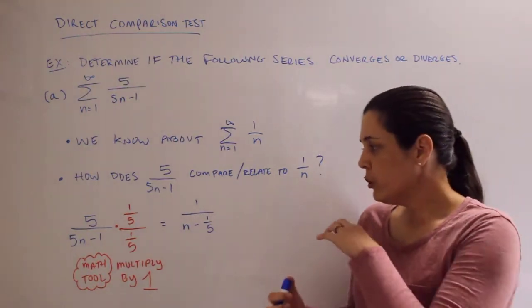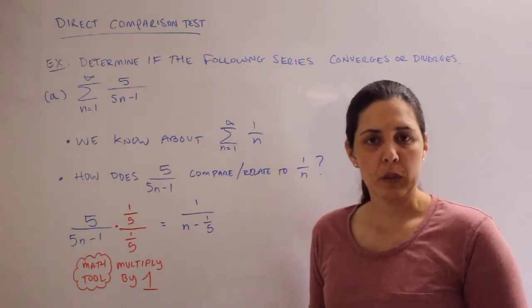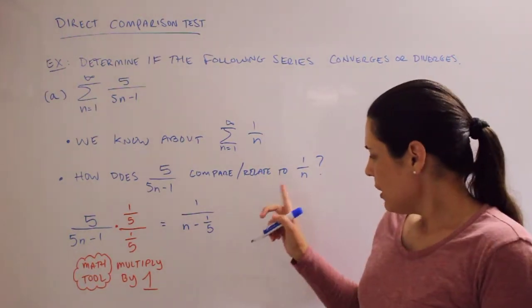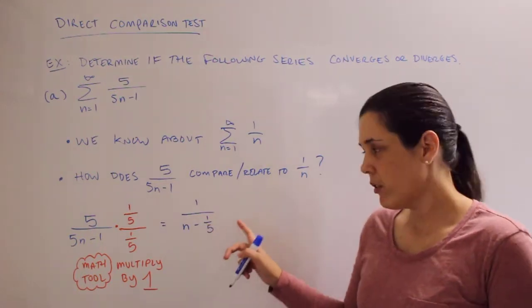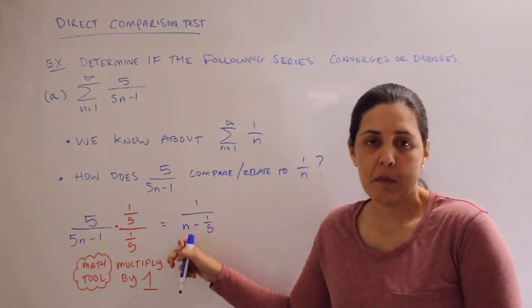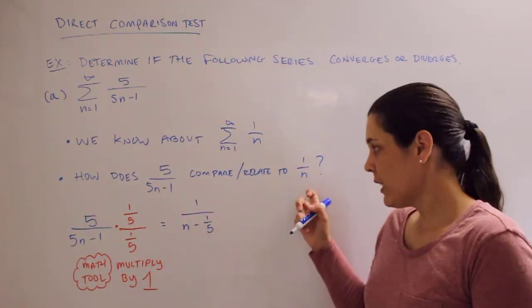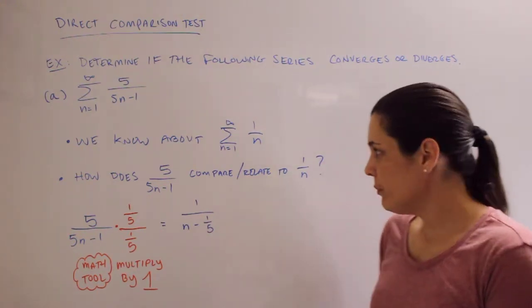Eventually, you'll start to get a feel for the relationship between things like this, but let me just guide you to it. This has the same denominator, other than this one is getting something subtracted, right? So this number, n, is actually larger than n minus 1/5. Whatever n is, this is 1/5 less than that. So think about fractions.